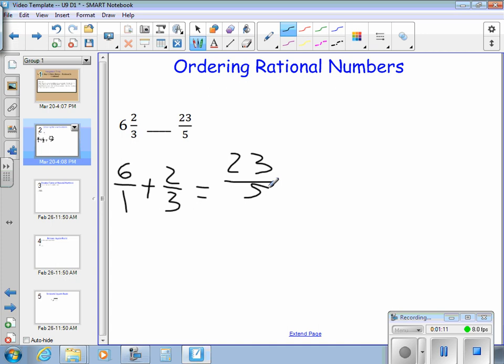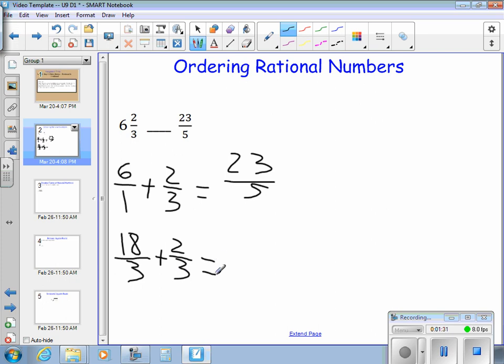And then we will multiply this 6 over 1 top and bottom by 3 to make it 18 over 3 plus 2 over 3, so that we can now add these together.